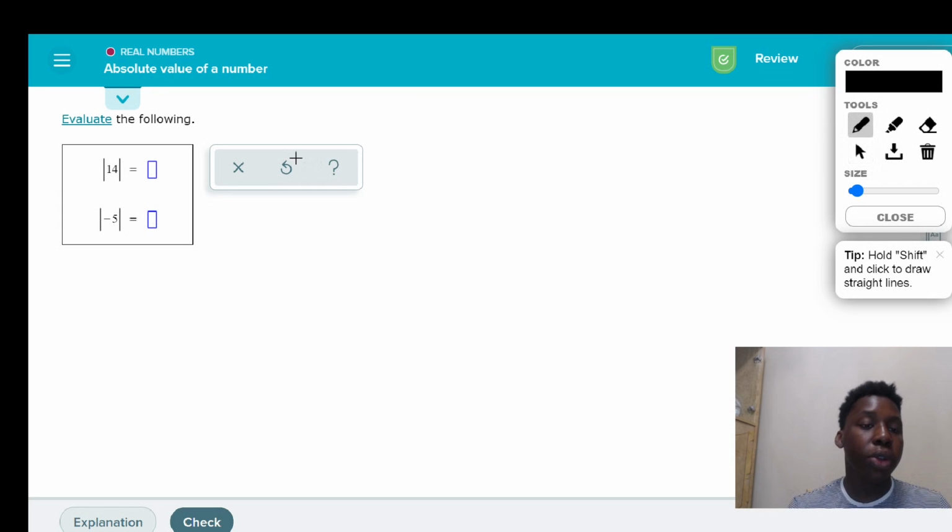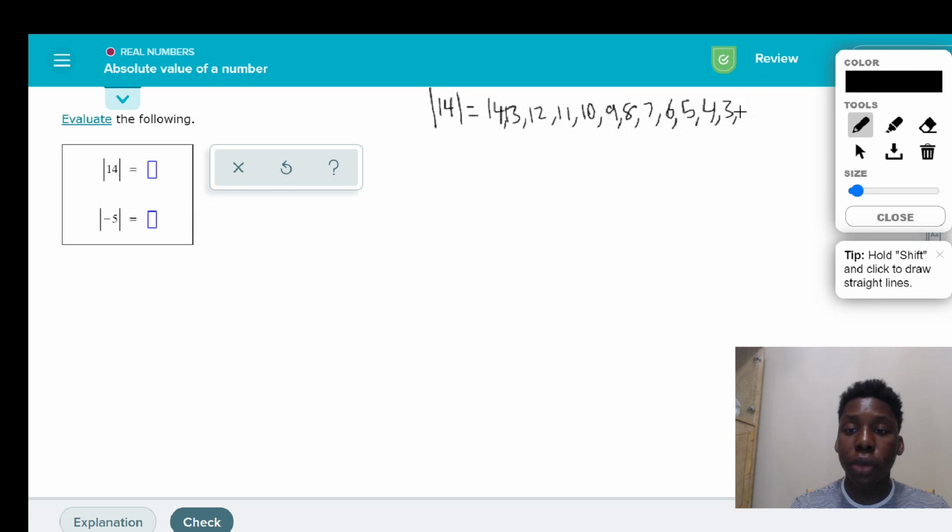Okay, so based on what I said earlier, this is 14. It's in between these lines. So I have to count the amount of steps it takes for 14 to get to 0, which is 14, 13, 12, 11, 10, 9, 8, 7, 6, 5, 4, 3, 2, 1, 0.